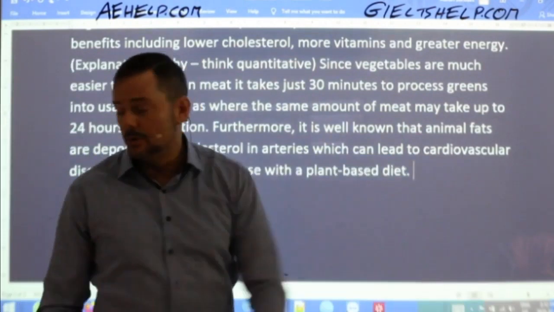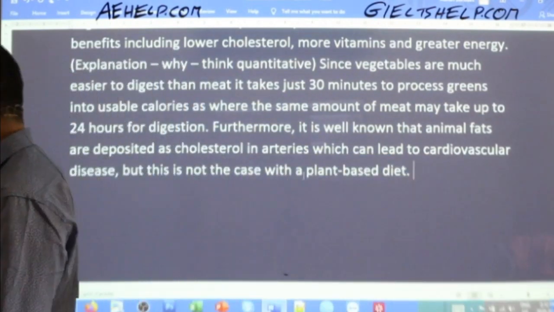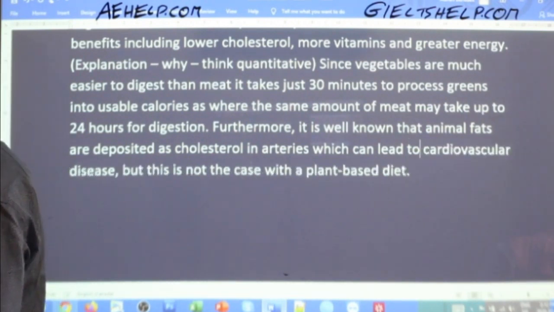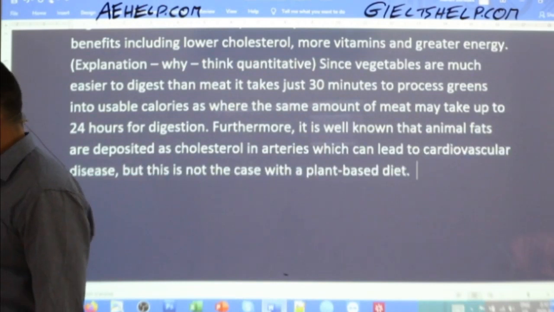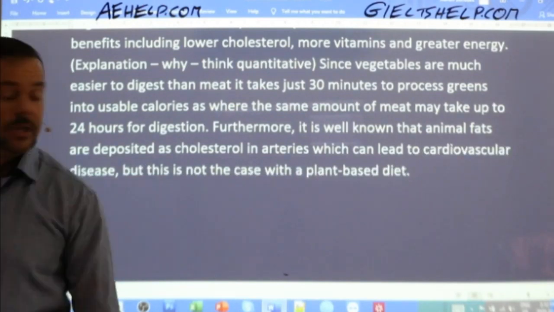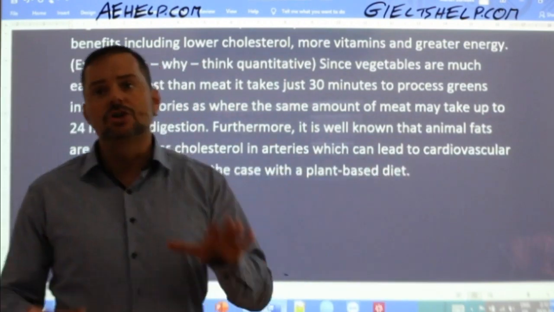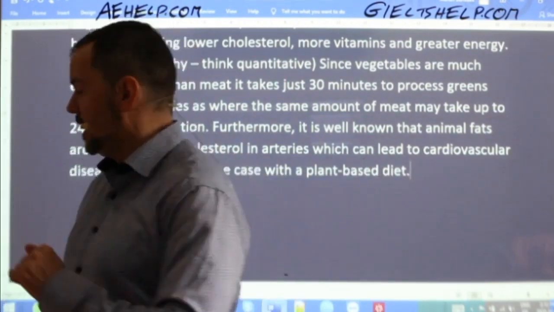So if you don't know the word cardiovascular, you can use the word heart, okay? If you know the word cardiovascular, of course, it's a higher level lexical resource. But this is not the case with a plant-based diet. Sure, so we have a good explanation here.